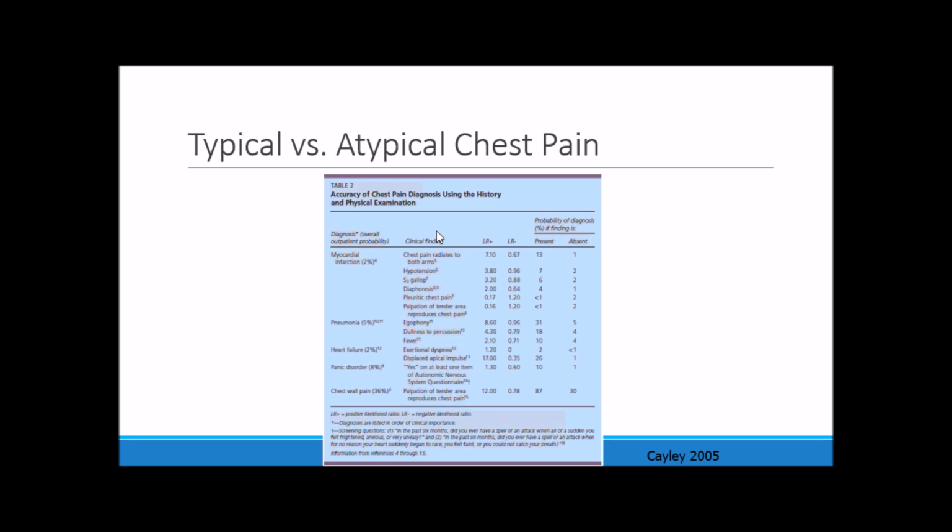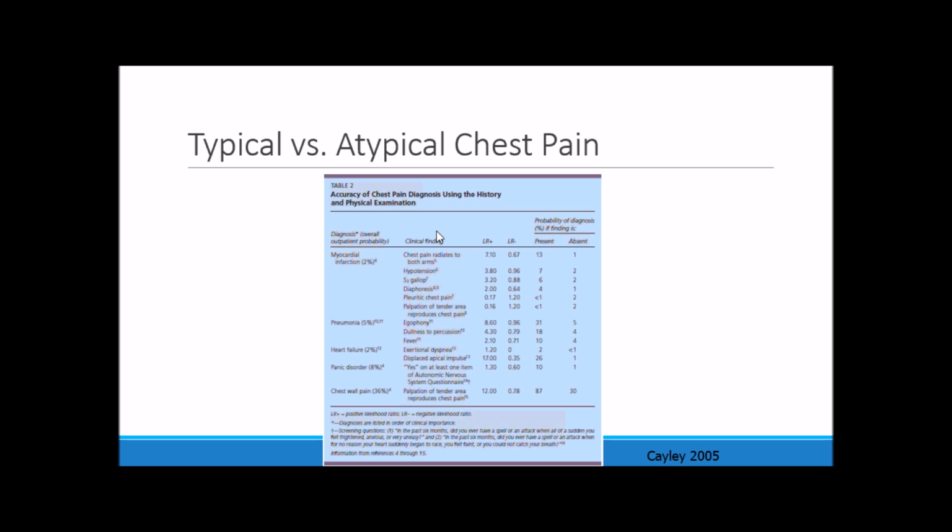Let's just be simple for a minute. If a likelihood ratio is much greater than 1, they're much more likely to have it. If it's much less than 1, they're much less likely to have it.